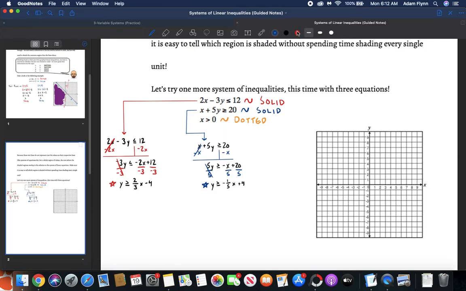So for my red line, I'm going to start at -4, that's my y-intercept. And my slope is 2 over 3, so I'm going to go up 2 and to the right 3. Or I could go down 2 and to the left 3.